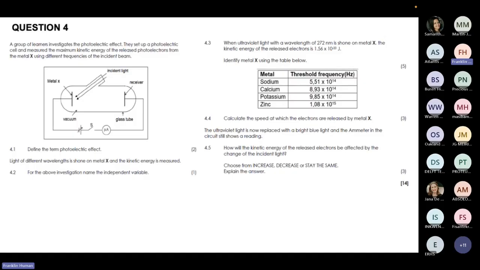We also need to know off by heart all of our definitions for work function. Work function talks about energy. Remember, work function is energy, and that's why the symbol is W. Work function is the minimum energy required to emit an electron from the surface of a metal.